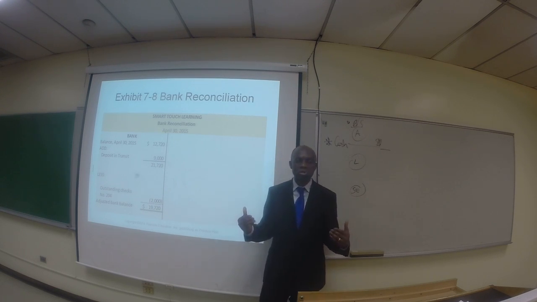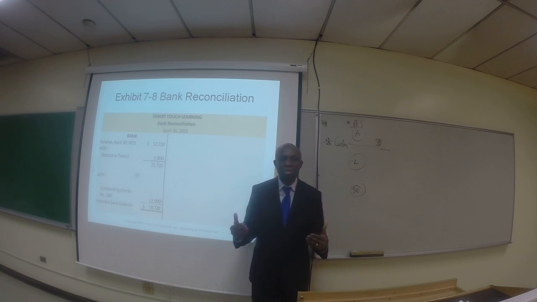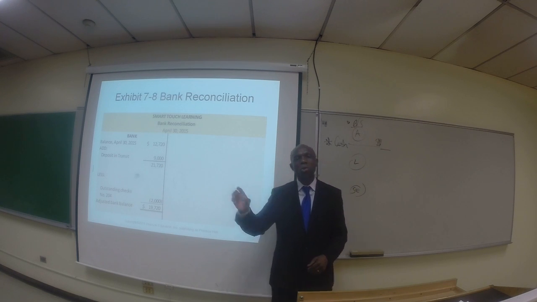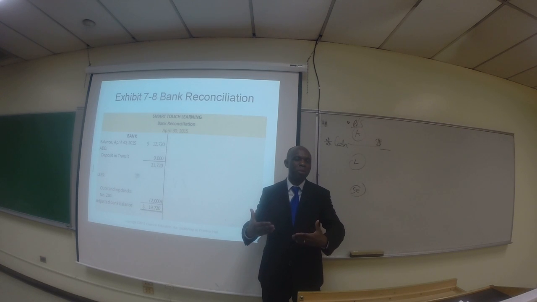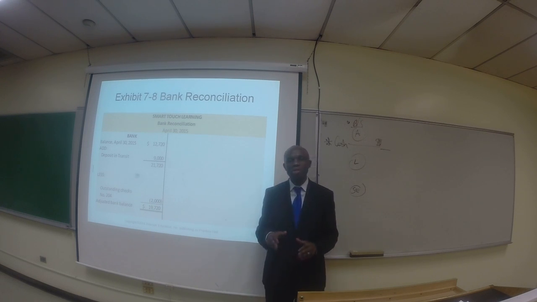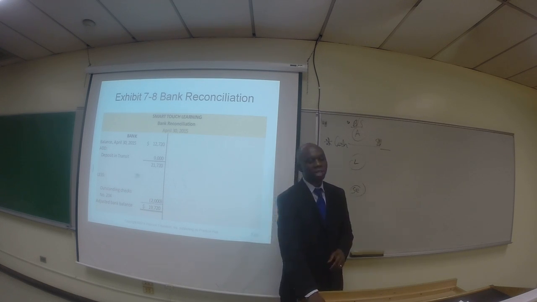The transactions that did not clear the bank but are in your books, and vice versa, are the ones you use to perform your bank reconciliation. I also want you to know that the bank reconciliation is done on a piece of paper. This is not an official accounting record like the journal or ledger. We are going to talk about how to make the related journal entries in a minute.